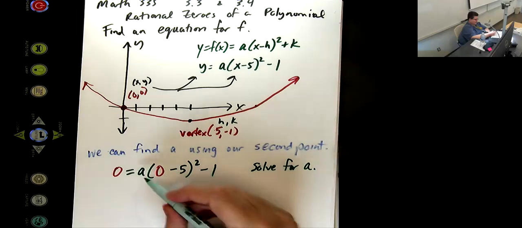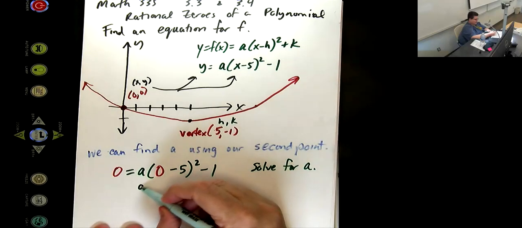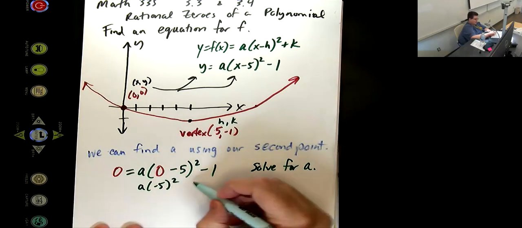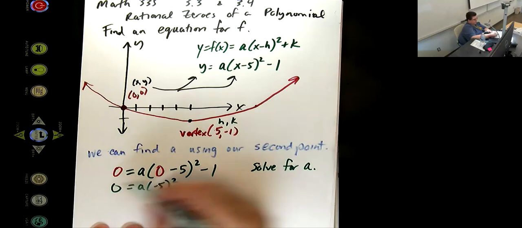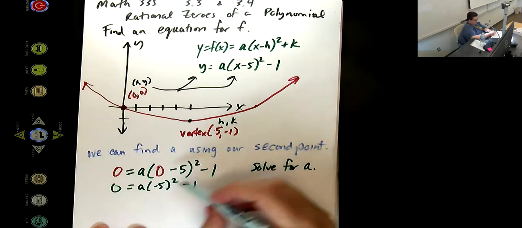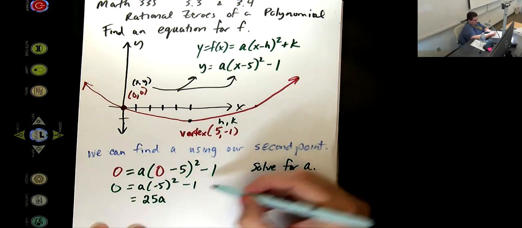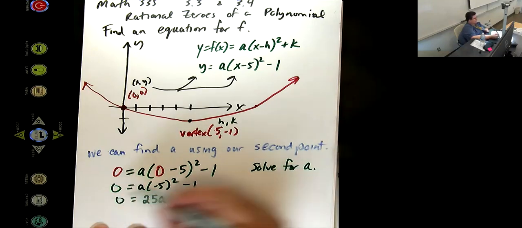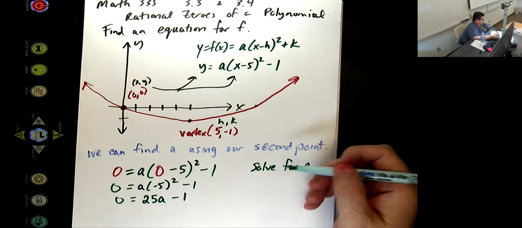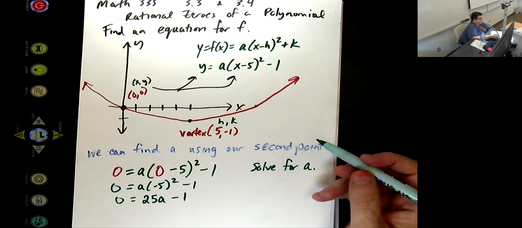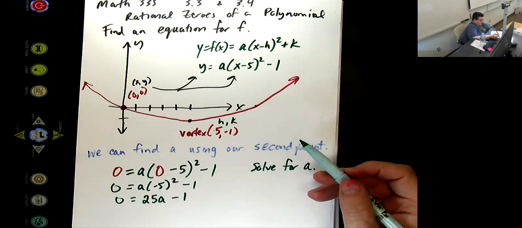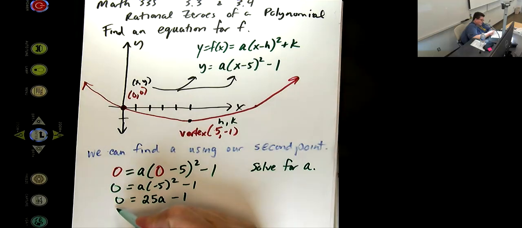So 0 minus 5 is -5, squared, minus 1 equals 0. -5 squared is 25. Add 1 to both sides.